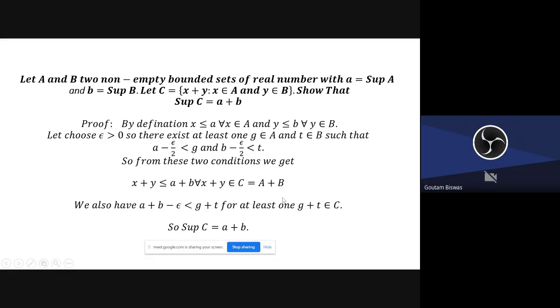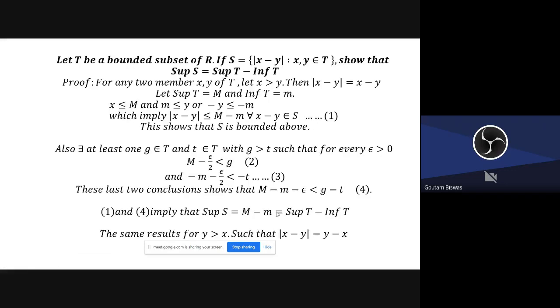That's it. So we also have this one for at least one G plus T belonging to C from this condition. So sup C is equal to A plus B.